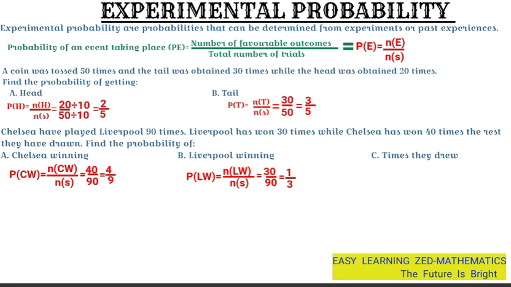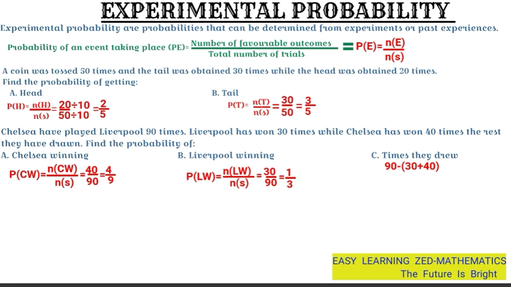So what we're going to do is add the number of games they have won, which is the number of times Chelsea has won and the number of times Liverpool has won. Then we're going to subtract it from 90. The difference will be the number of times they have drawn. So it's going to be 90 minus 30 plus 40. 30 are the games Liverpool has won, and 40 are the games Chelsea has won.